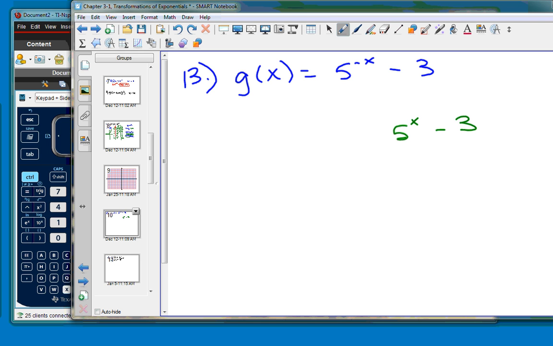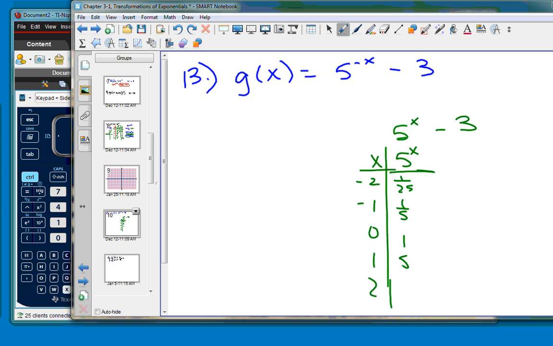It'd be going down 3 units, correct? So what you have going on here, I want to make this very clear. Here's 5 to the x. I had -2, -1, 0, 1, 2. And that was 1 over 25, 1 over 5, 1, 5, and 25, correct?